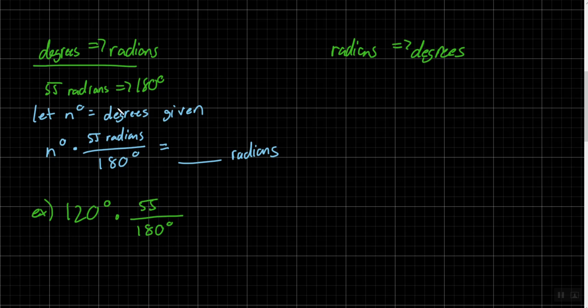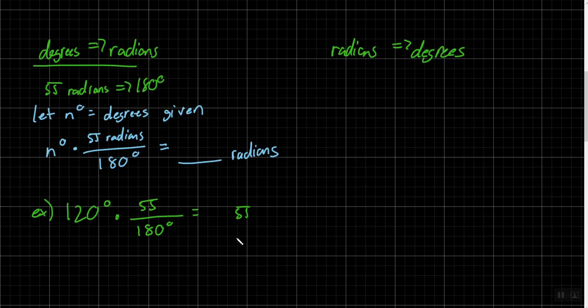Radians should always have pi in it, yeah? I don't want you to calculate pi. So I should have something with pi.